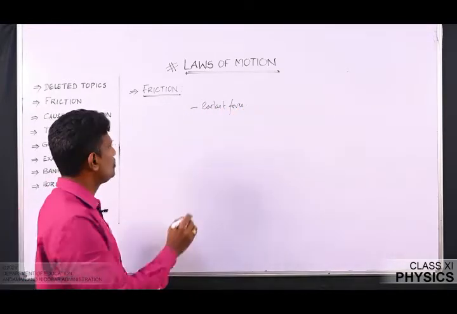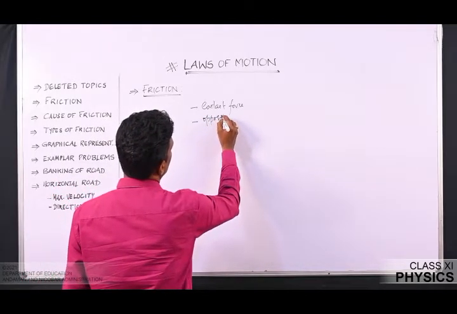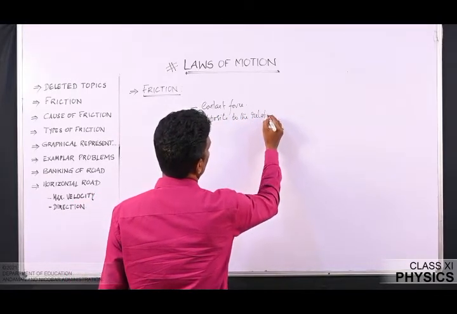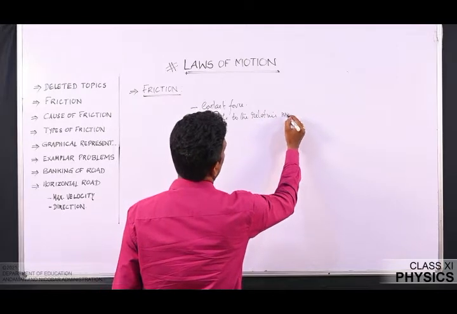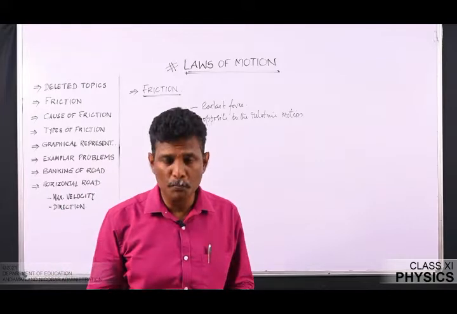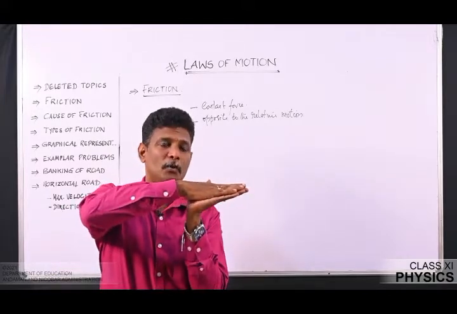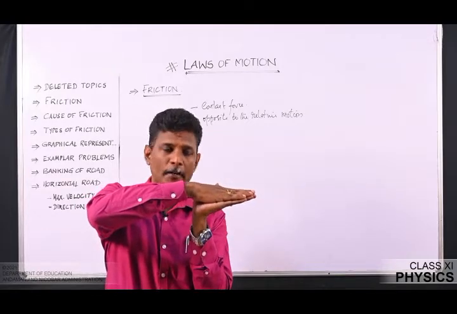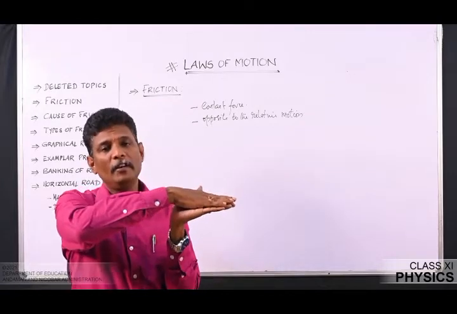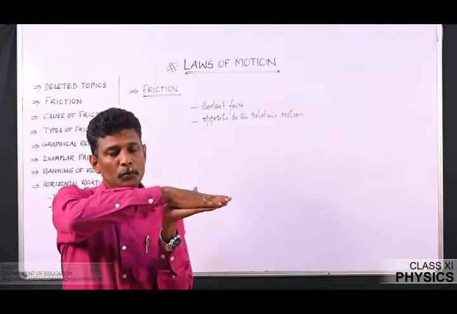It is a contact force which is opposite to the relative motion. That means if a body is moving on another body, the second body will not allow the first body to move, and similarly it will not allow it to go back.